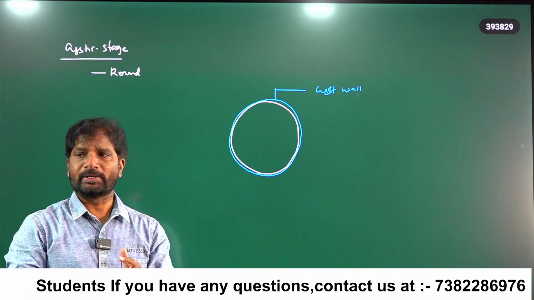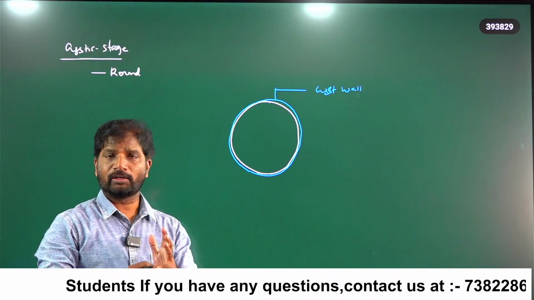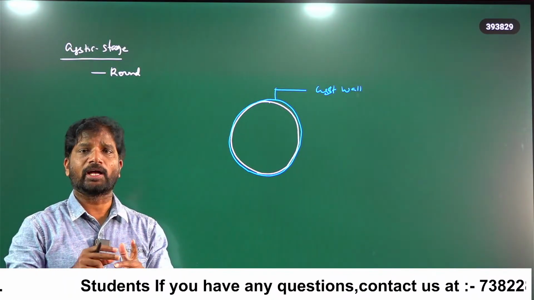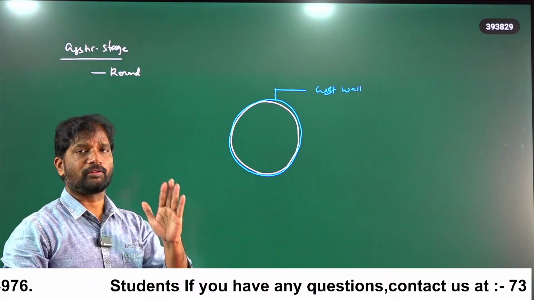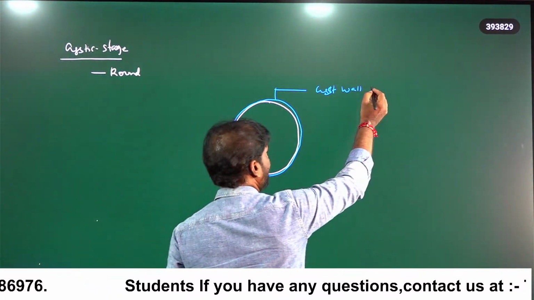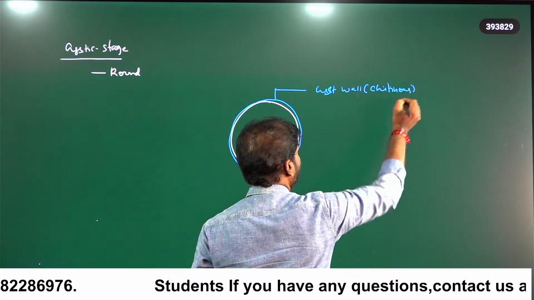So what type of material is present around this cystic stage, either chitin, fat, or protein layer? Here this cyst wall is composed of chitinous material.